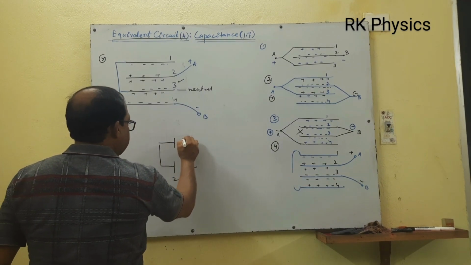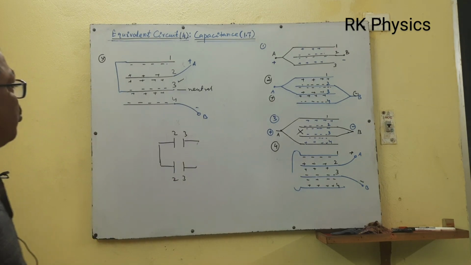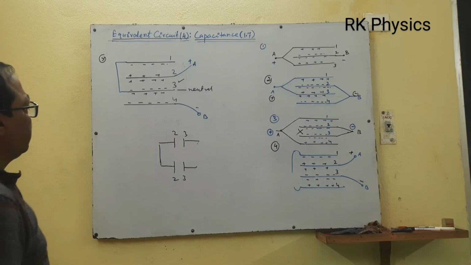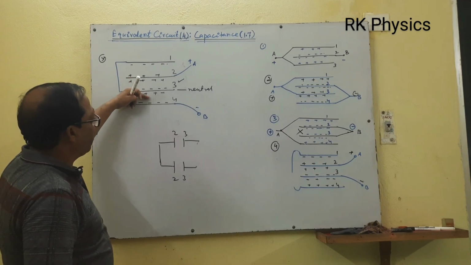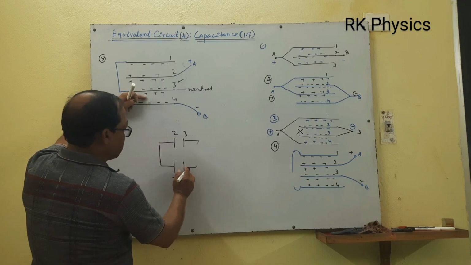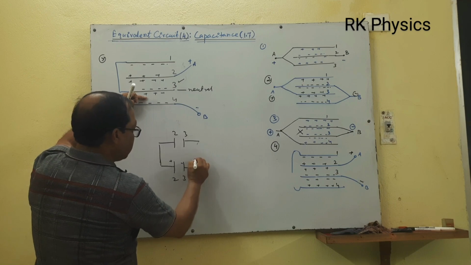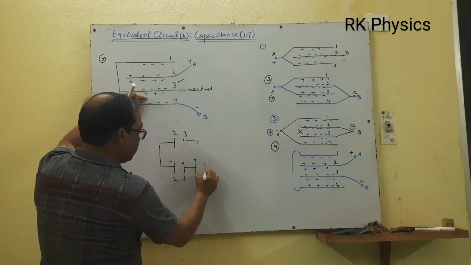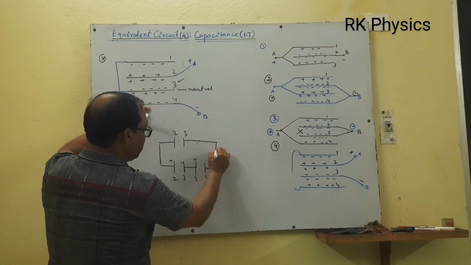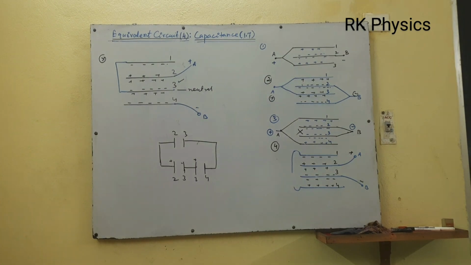Then 1 and 2, 3 they are parallel. 2 with 1 and 2 with 3. But 3 this side minus, this side plus. Therefore, 3 this side minus this side plus. This is plus, this is minus. That means 3 this side plus, and this is 4 minus, and it is connected to negative. Okay.